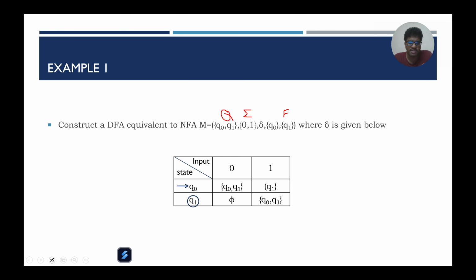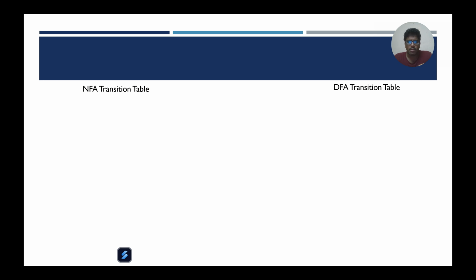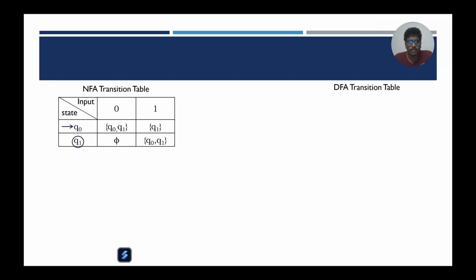By considering this NFA table, we are going to construct the equivalent DFA. Here we have to draw the NFA table, which is already given in the question. Now we have to draw the DFA transition table. How do we draw it? We start with q0, which is the initial state for both the NFA and the DFA.